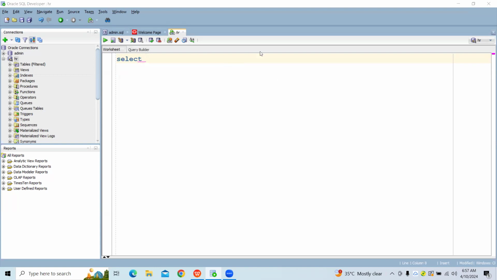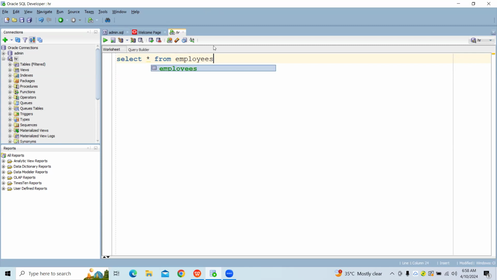But consider my table has 12 to 13 columns. I want to retrieve all those columns. So if you want to retrieve all the column names, instead of mentioning all the column names, you can simply mention star. After mentioning star, we'll mention the from clause. After the from clause, we'll mention the table name from which I wish to retrieve data. The table name from which I wish to retrieve data is employees.